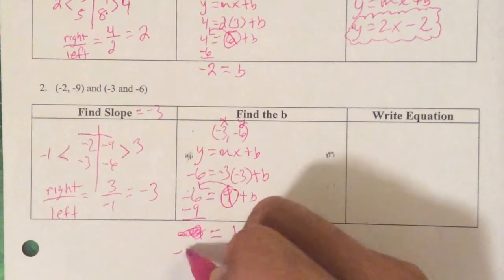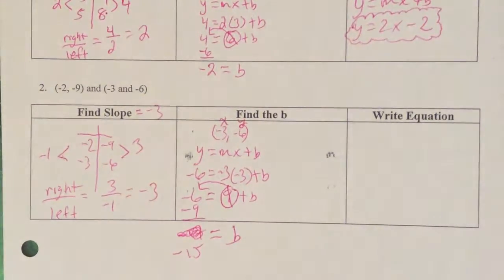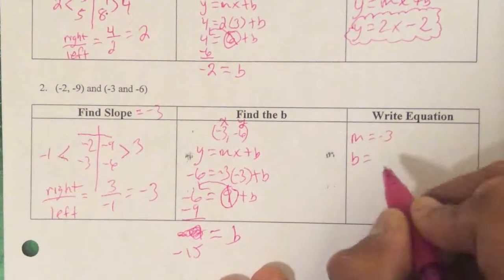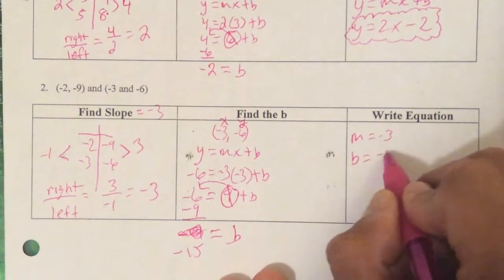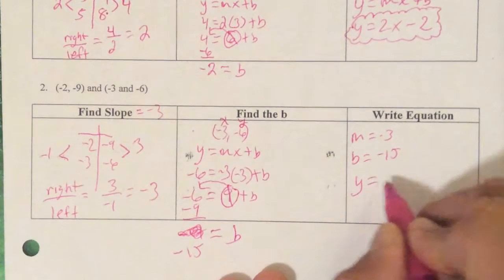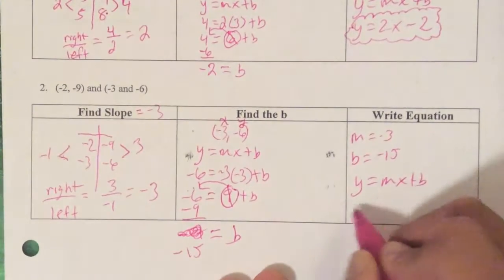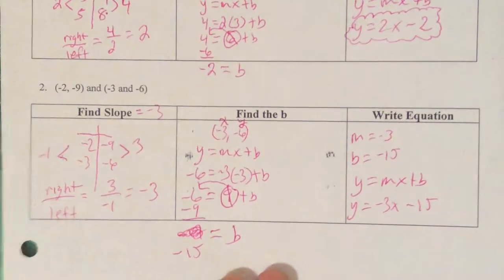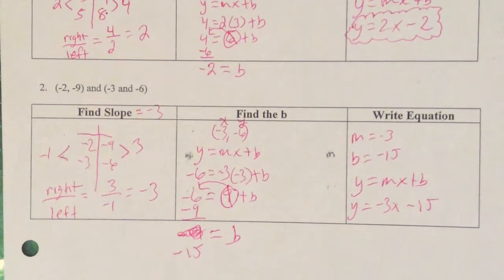So let's correct that. Okay. So your slope is -3 and your letter B is -15, okay? So now that we have the slope, which is -3, and the letter B, which is -15, your equation is y equals mx plus b, so y equals -3x minus 15.